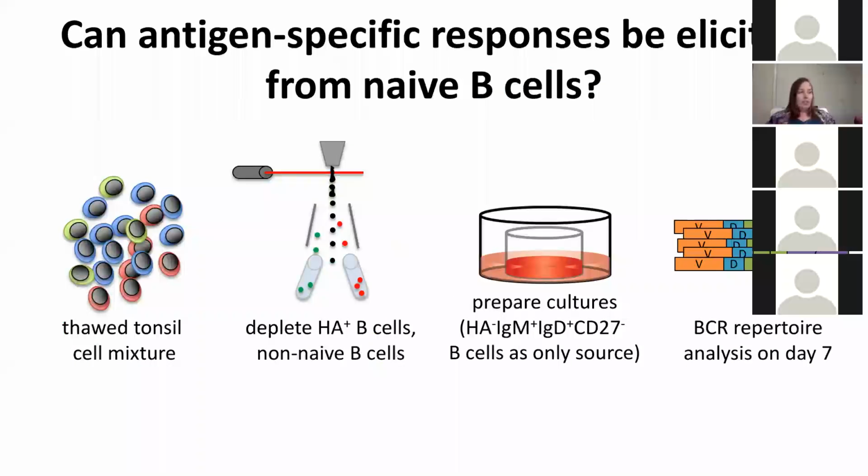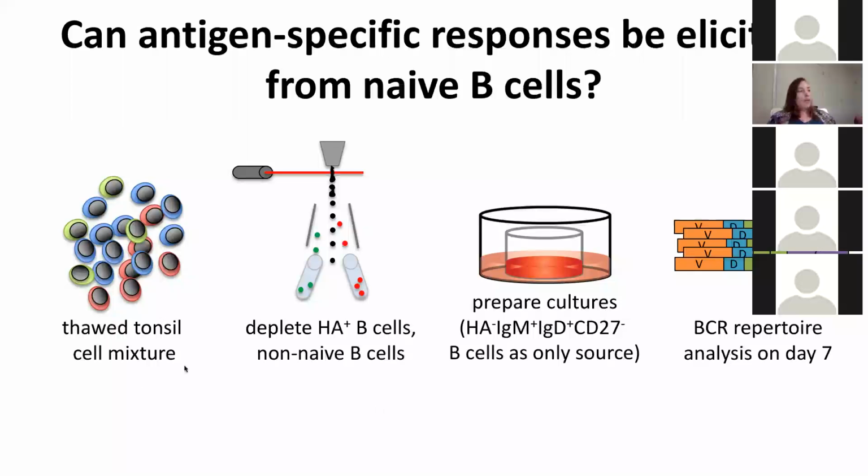So we wanted to push the system even farther and see what would happen if we eliminated any pre-existing memory B cells or non-naive B cells, and also depleted any pre-existing high affinity hemagglutinin-specific B cells. Essentially, if we put the system in a condition that would look more like a naive individual, are those cultures able to produce and sustain a flu-specific response?